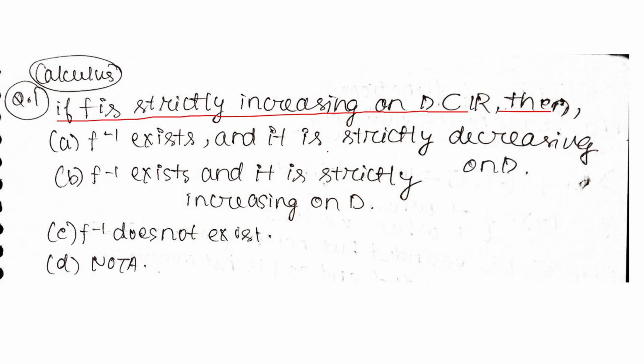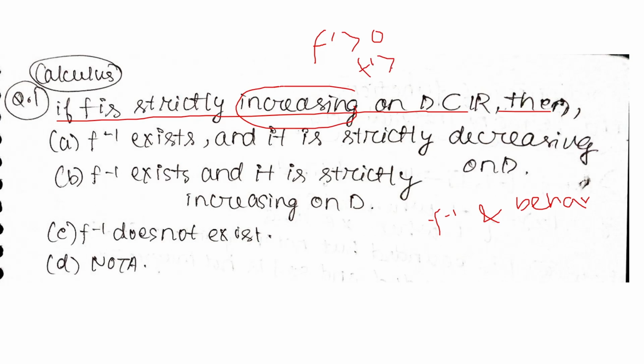It mainly focuses on the inverse of the function, f inverse, and its behavior. So you all know that f is strictly increasing means f dash is greater than 0. But if f is only increasing, it implies f dash is greater than or equal to 0. There is a little bit of difference there.